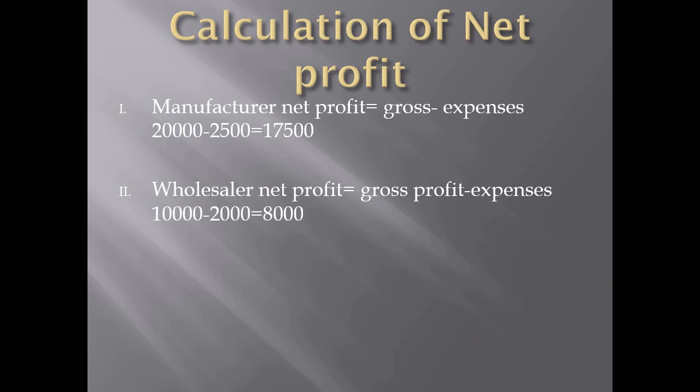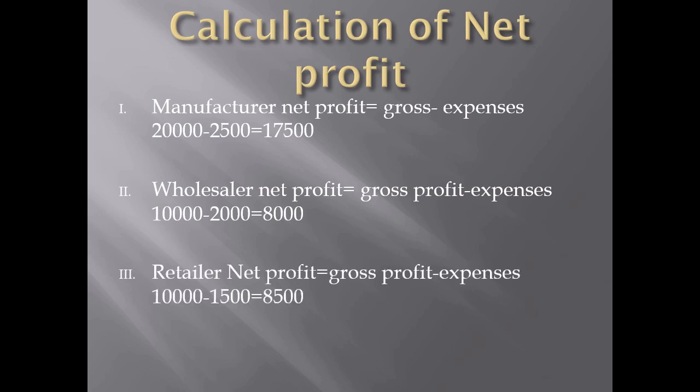Now the wholesaler's net profit is equal to gross profit less expenses. Remember, the gross profit of the wholesaler is 10,000 naira, and the expenses was 2,000 naira. So when you say 10,000 less 2,000 naira, what you realize is 8,000 naira, and that 8,000 is the net profit of the wholesaler.